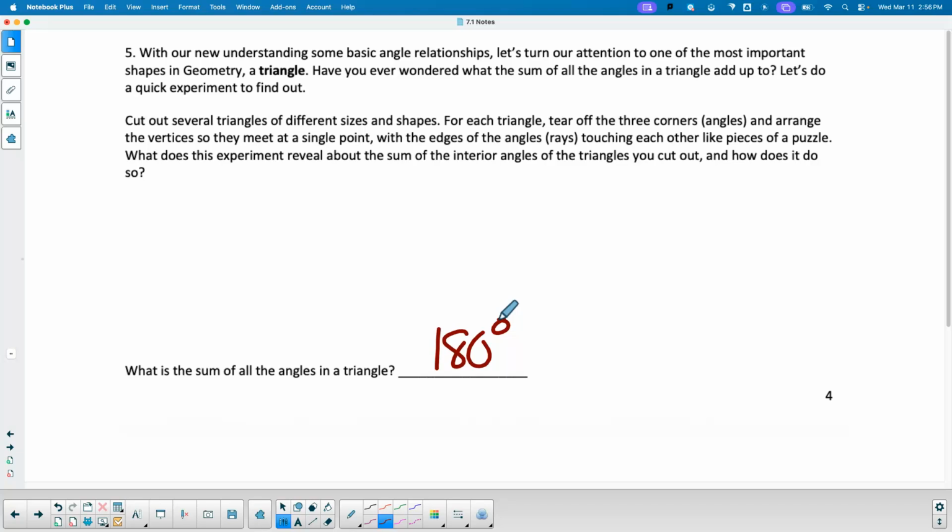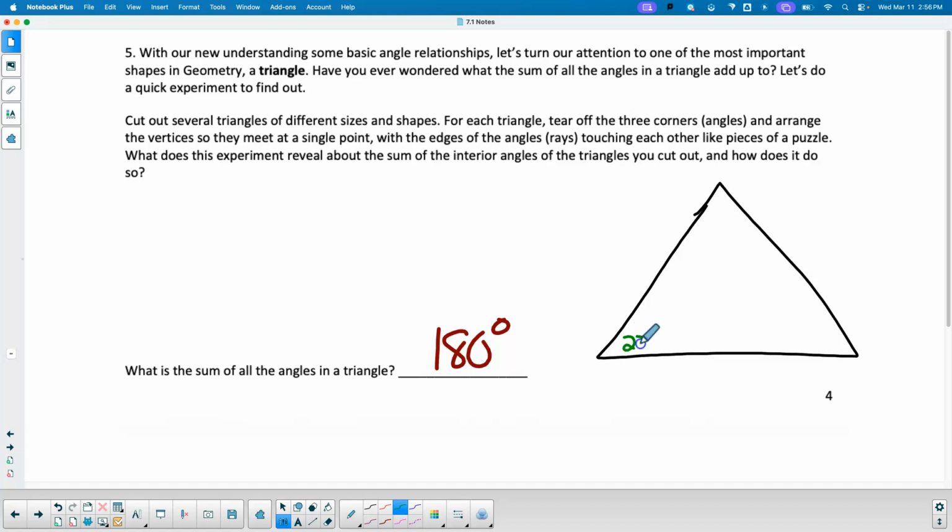Okay. So if, I'll just make up a triangle over here on the side, if this angle here is 23 degrees, and this angle here is 78 degrees, what is the measure of this angle over there?